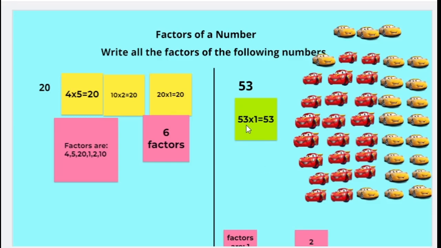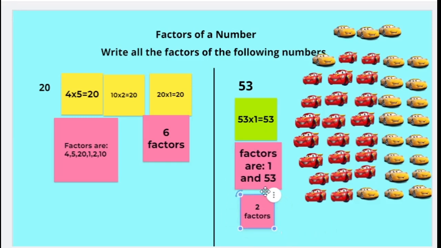All right. What are the factors of 53? Look at it closely. Only 2 factors. 1 and 53, or 1 and itself. So right away we have a prime number.